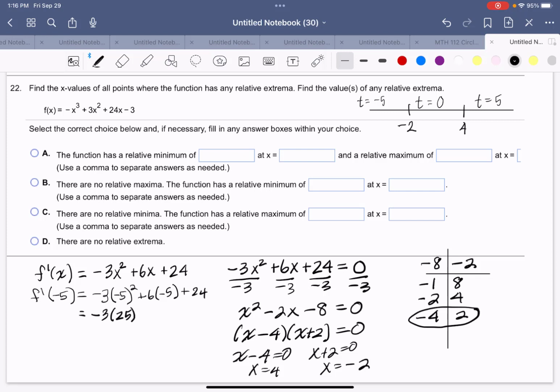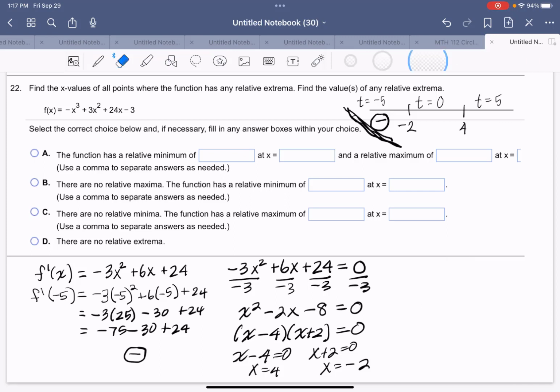Negative 3 times 25 minus 30 plus 24 is negative 75 minus 30 plus 24. It doesn't matter if we actually know that number. This is going to be a negative. So this region to the left of negative 2 is negative. That means my function is falling here. It's going down.